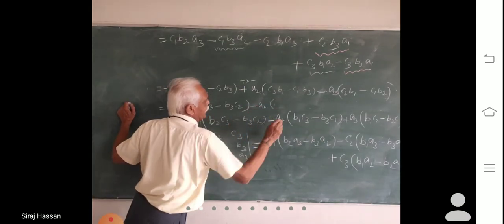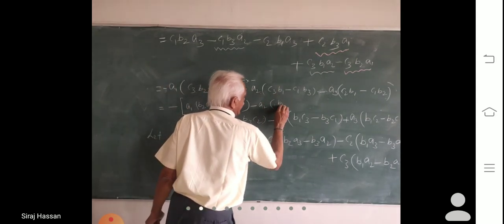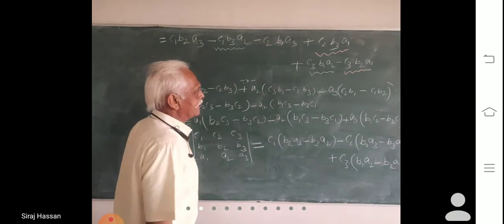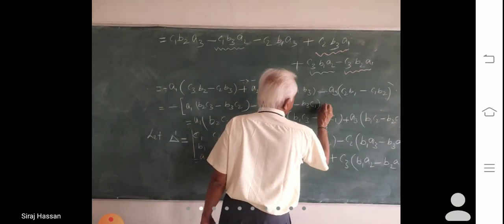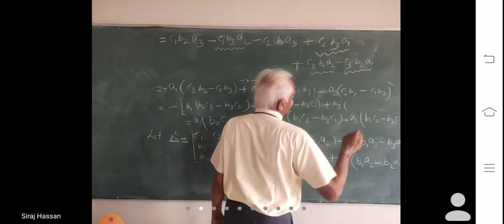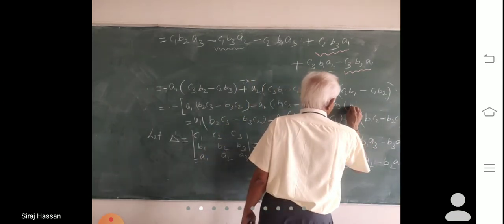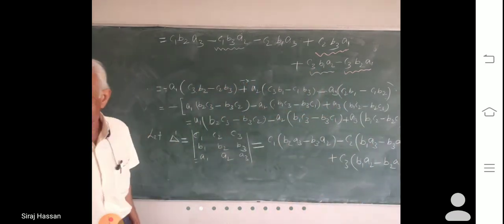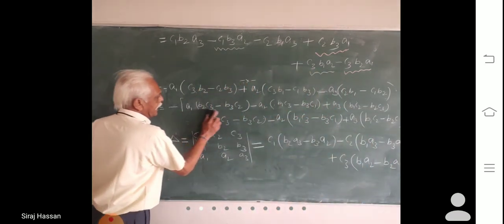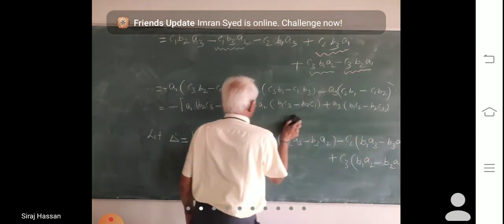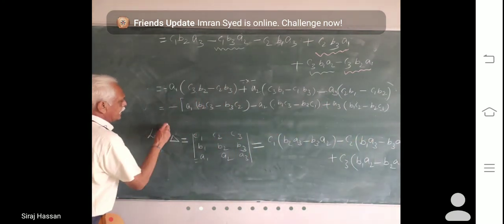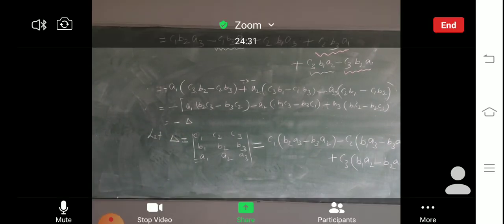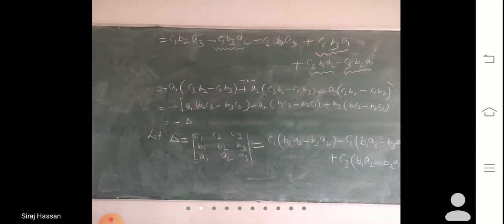Minus A2 into B1 C3 minus B3 C1 plus A3 into B1 C2 minus B2 C1. Now observe, this is nothing but equal to delta, so you are getting minus delta. So delta dash is equal to minus delta.